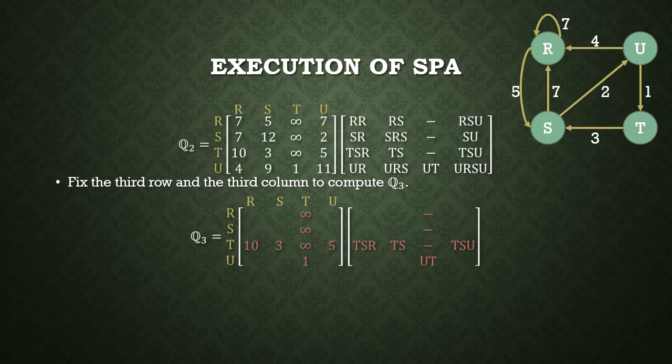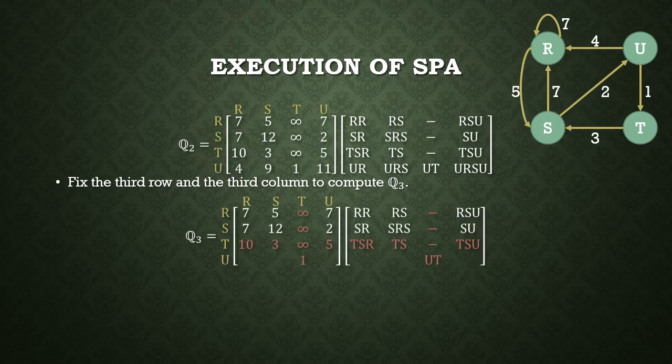Now we will look for intersection values in this row and this column. So I have worked out a few values here which I will walk you through one by one.